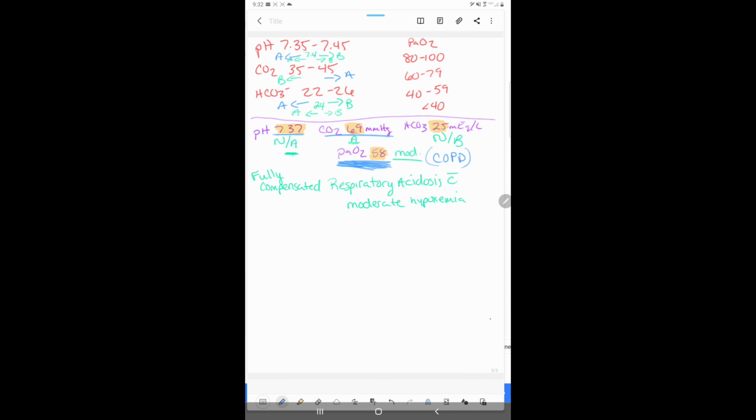If they are unstable, but they're breathing on their own and they're awake and alert, then you're going to give them an air entrainment mask, 28% FiO2, or it can be less. Okay? So just look for that difference.